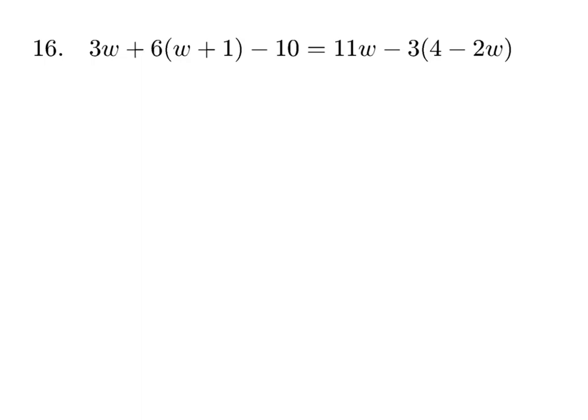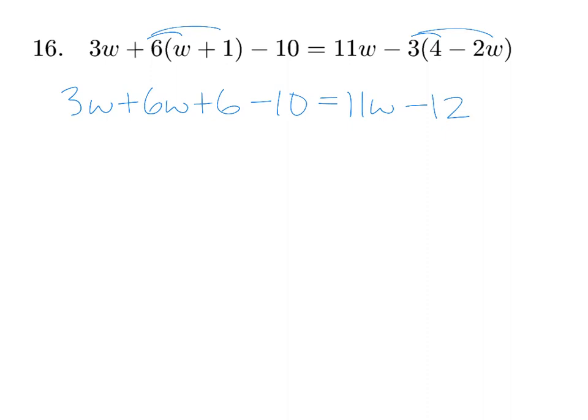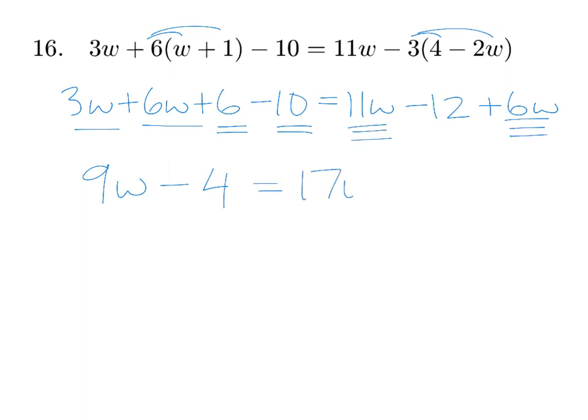All right, for 16, the first thing we have to do is distribute. So I get 3w plus 6w plus 6 minus 10 is equal to 11w minus 12 plus 6w. Okay, now I need to add like terms. Okay, I'm almost there. 17w minus 12.